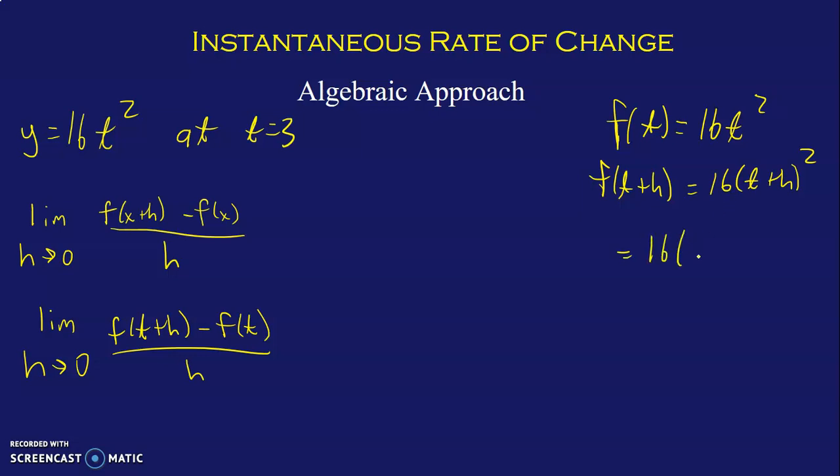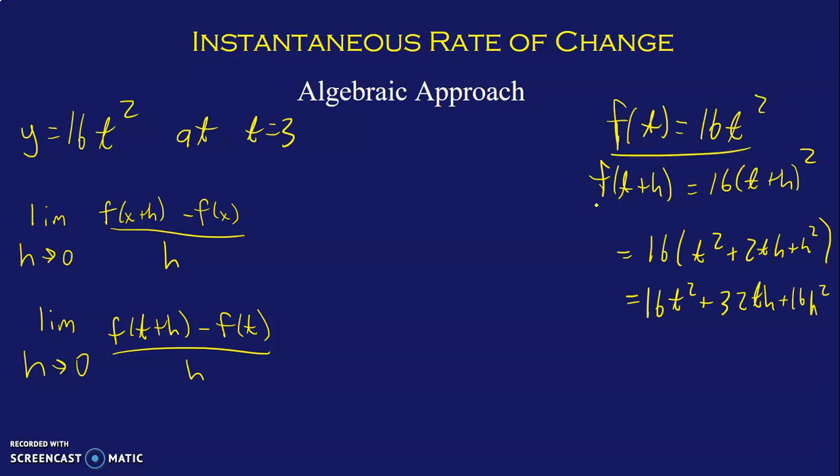So it'd be 16 times, if I multiply out t plus h squared, it's not just t squared plus h squared, it's going to be t squared plus 2th plus h squared. Make sure you actually multiply it out, and then distribute the 16, so it'd be 16t squared plus 32th plus 16h squared.